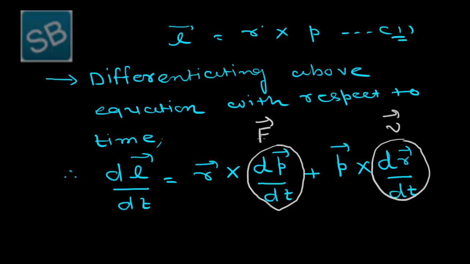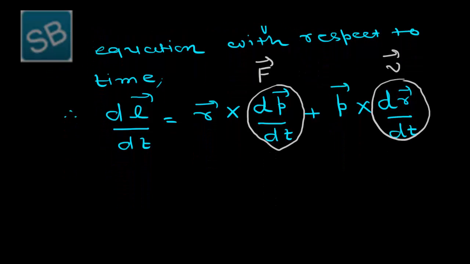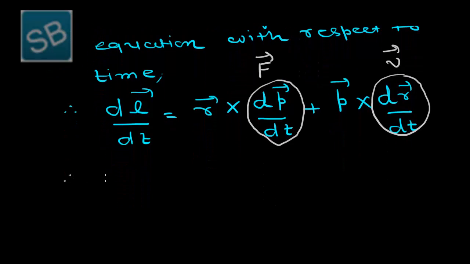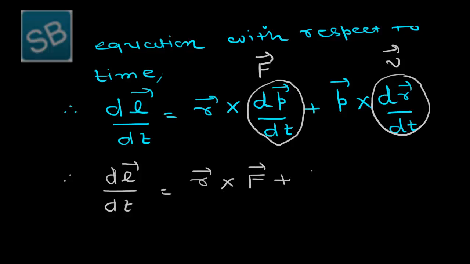And now my equation will look like, therefore dL by dt is equal to r cross F plus vector p cross vector v.